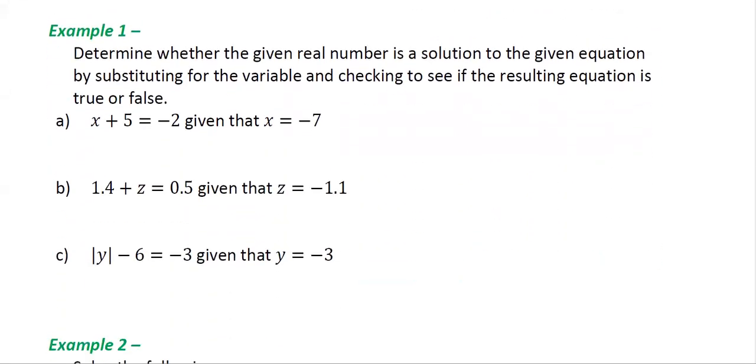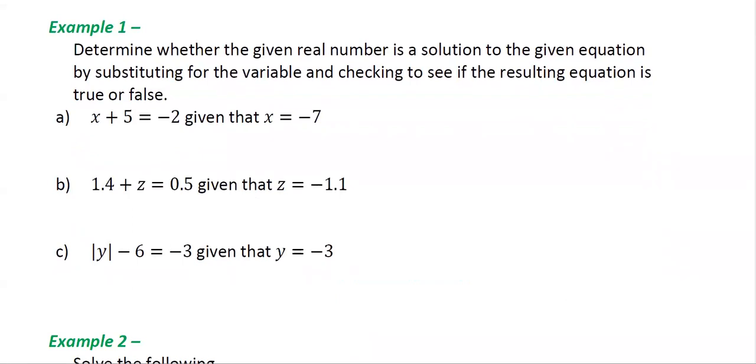Okay, let's start solving. Example 1 says determine whether the given real number is a solution to the given equation by substituting for the variable and checking to see if it results in a true or false statement. Just because I can solve for x and get an answer doesn't always mean it's a true solution.